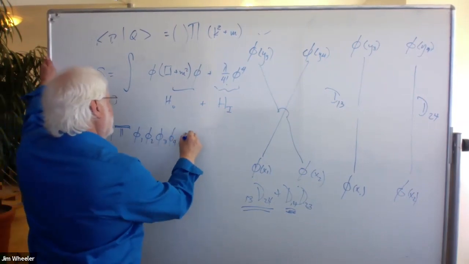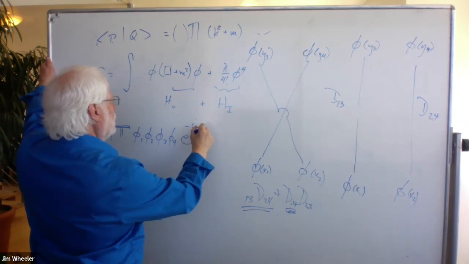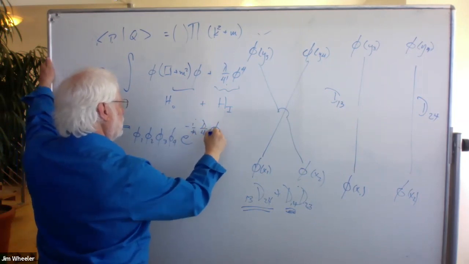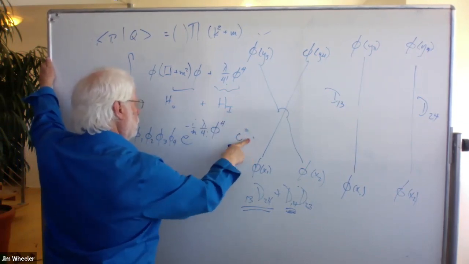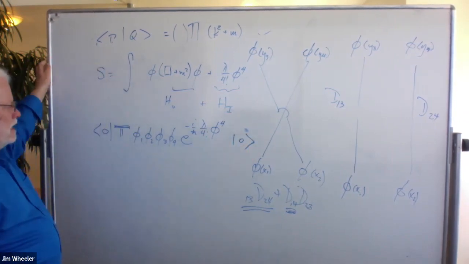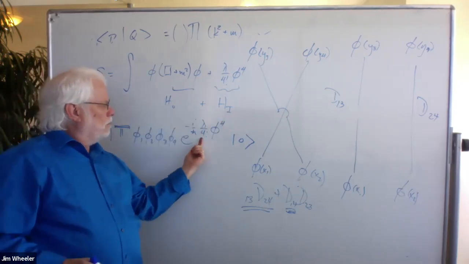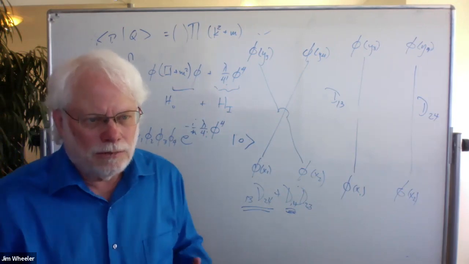And then we have e to the minus i over h bar times the Hamiltonian, which is now lambda over 4 factorial, this is the interaction Hamiltonian, phi to the fourth. We would like to evaluate this matrix element, and we're going to assume that lambda is small enough that it makes sense to do this perturbatively.